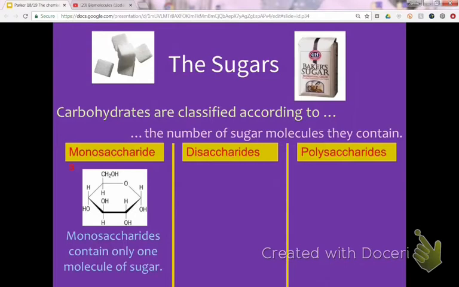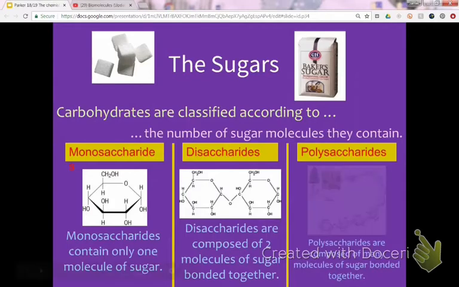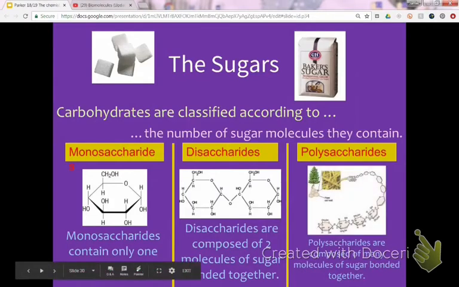So a disaccharide has how many? Two. Fructose is an example of a disaccharide. That's the sugar that you find in fruit, usually. Poly means what? Many, right? So polysaccharides are composed of many sugar molecules, like thousands, like hundreds of thousands, tons.